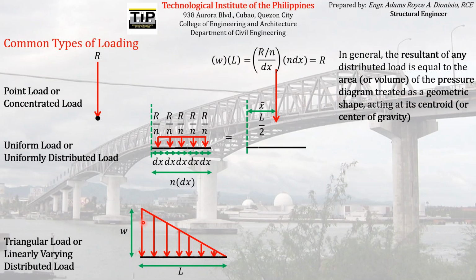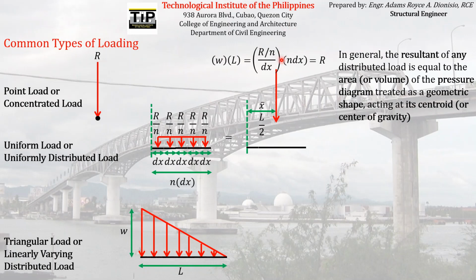And then, gusto natin kunin yung magnitude ng resultant nitong several forces na to acting on this length or surface. Paano natin makukuha yung magnitude ng resultant ng maraming forces na yan? Again, pwede mong gawin yung pinaggagawa natin dito kanina. Isa-isahin mo yan, tapos ipag-add mo, tapos i-moment mo pa dito para makuha mo yung actual location ng resultant.